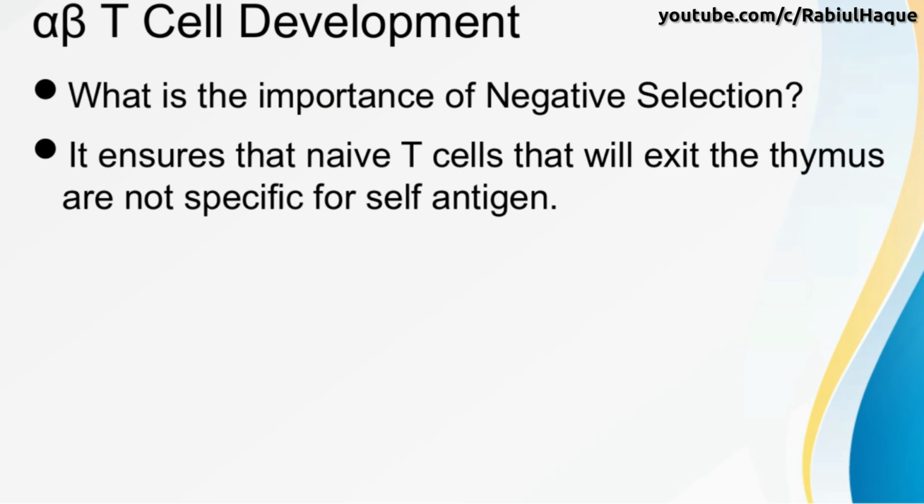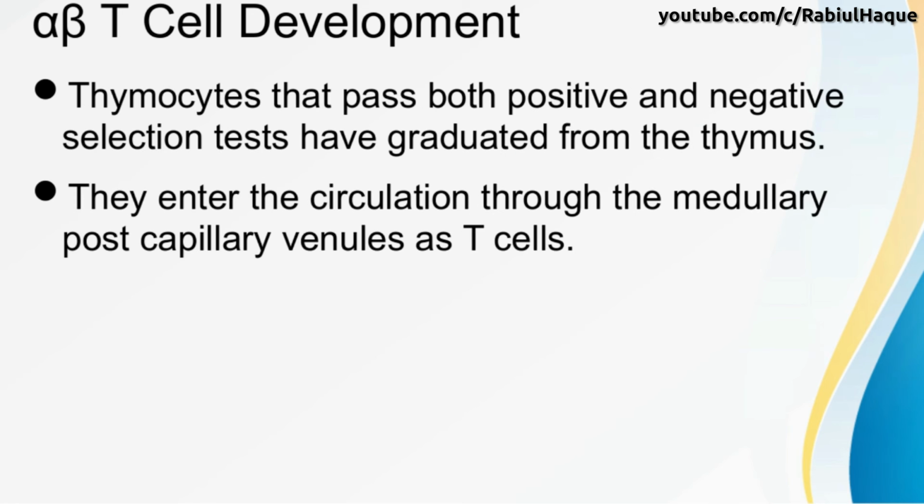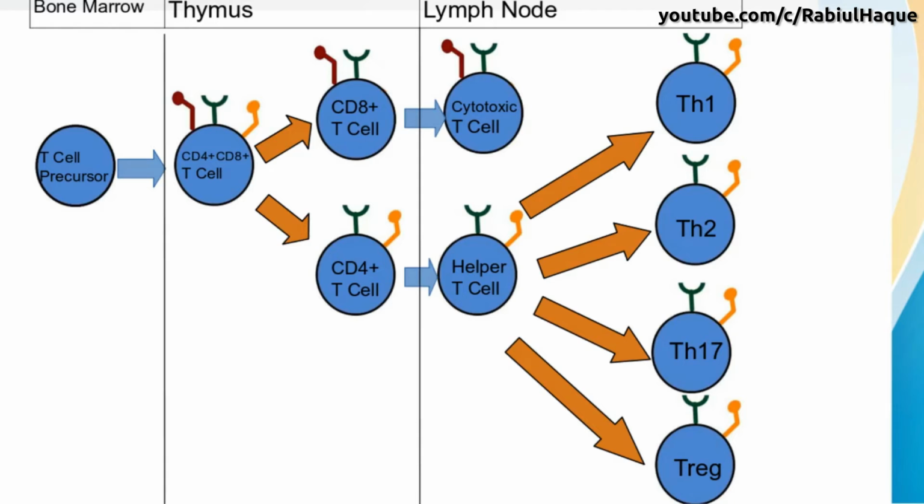It ensures that naive T cells that will exit the thymus are not specific for self-antigen, because if they were specific for self-antigen, then that would have resulted in autoimmune diseases. Thymocytes that pass both positive and negative selection tests have graduated from the thymus. They will now enter the circulation through the medullary postcapillary venules as T cells.